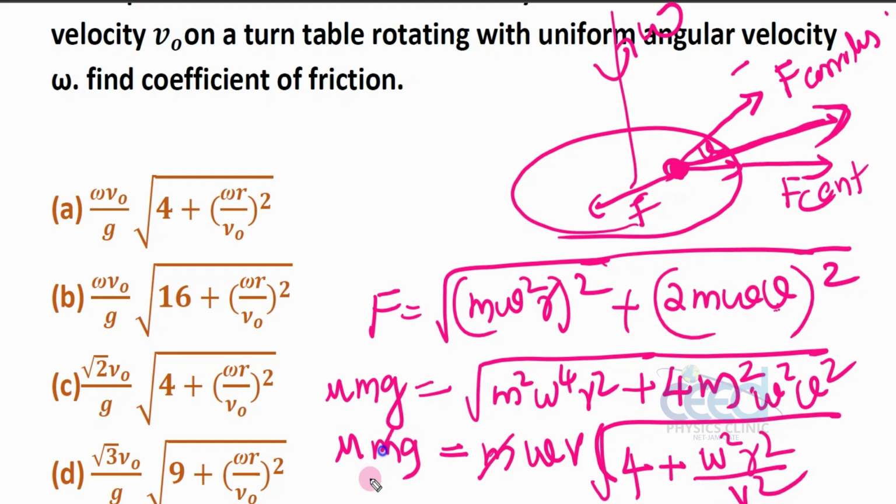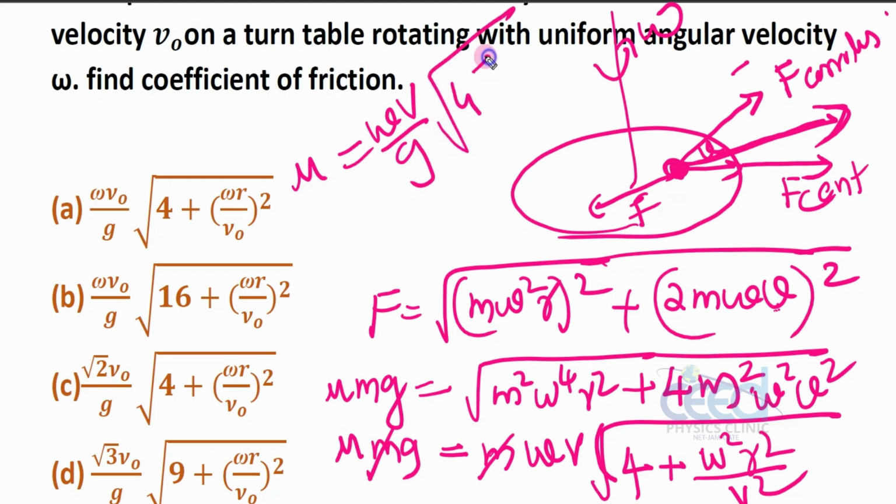Then m you can cancel, then mu is equal to omega v by g, root of 4 plus omega r by v the whole square. Then which option comes? Option A is correct, right? All right. So this is all about this section. Now let us go to another paper tomorrow. The mechanics part, CUET paper discussion, we completed here. Thank you.